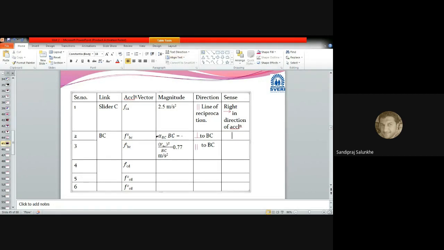It will be in the direction of alpha BC. Since we don't know it yet, I'll write a dash here, and parallel, towards C.